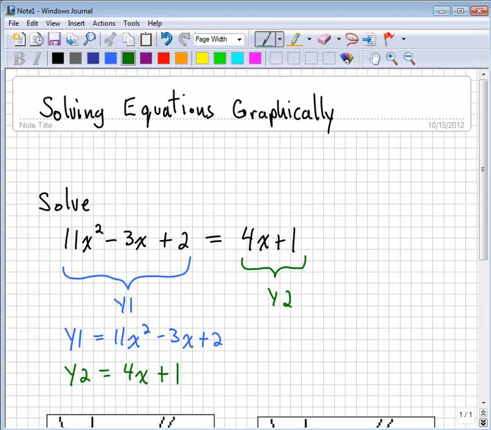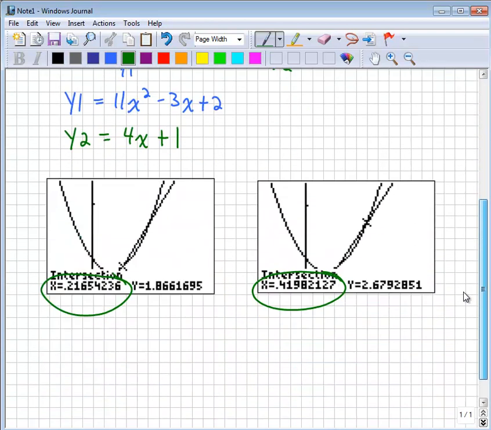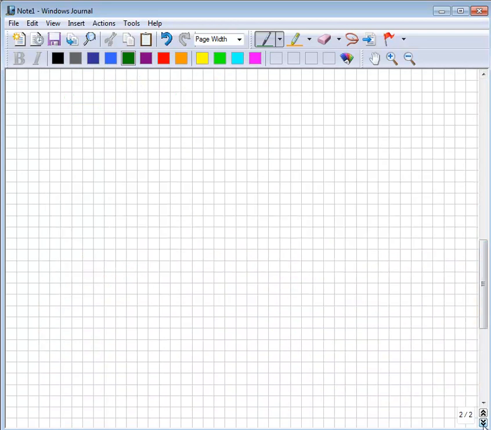The other way of graphing it is to set it equal to 0 and then find the x-intercepts. So if we want to set this equal to 0, it's going to be 11x squared minus 7x plus 1. So let's write that down on the next page.